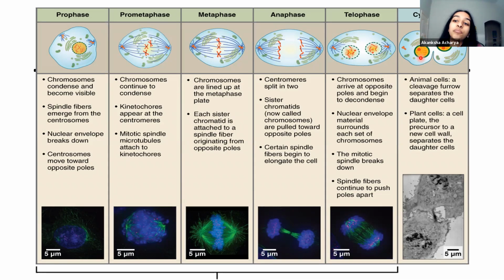It is different in plant cells and animal cells. What I just described to you was in animal cells. It's called a cleavage furrow, and it just splits off. But plant cells also have a cell wall, and that makes things more complicated.